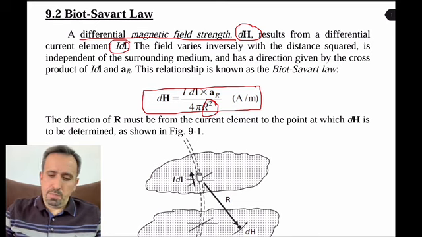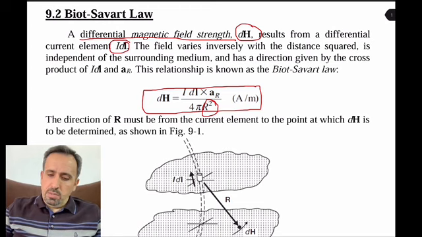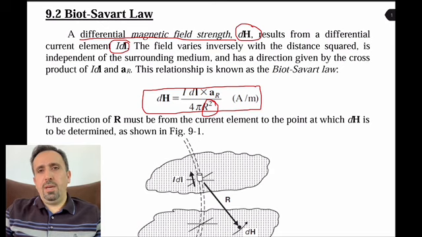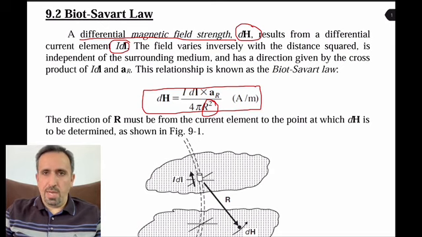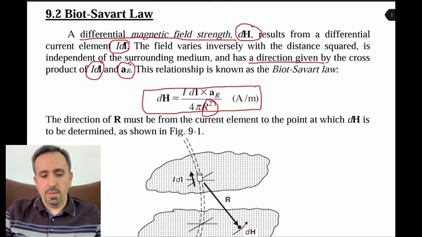And the important thing is how to get the direction of this field to be calculated. So the direction, as discussed here, is given by the cross product between both of these terms, between the current element and the unit vector aR.